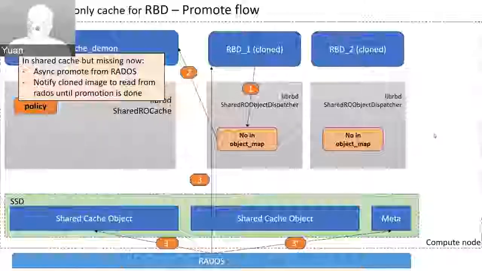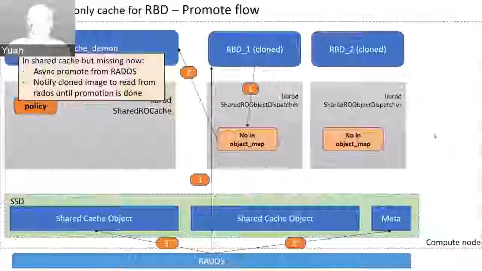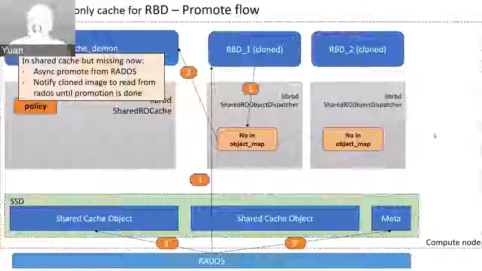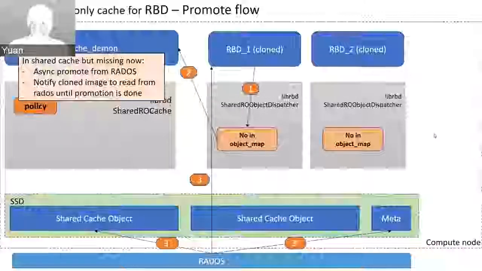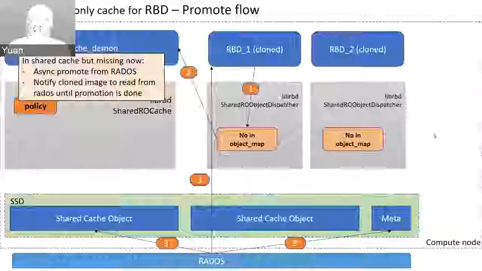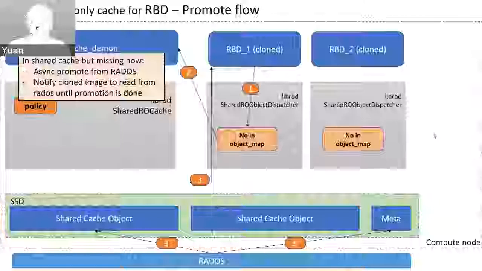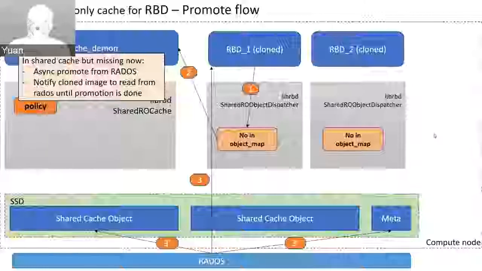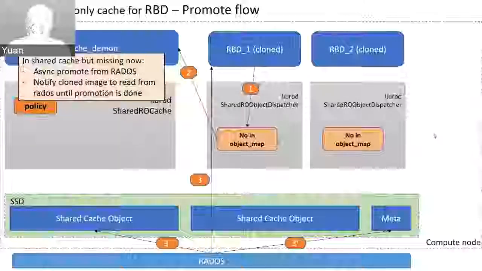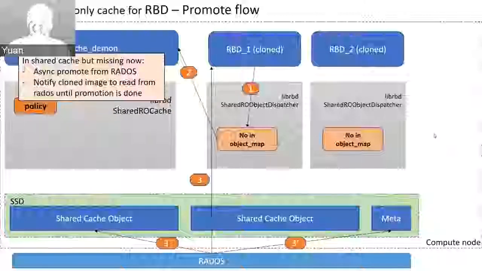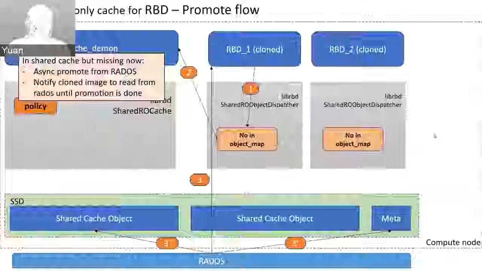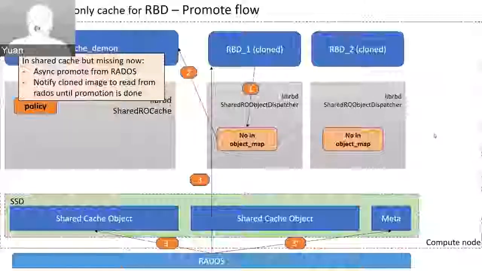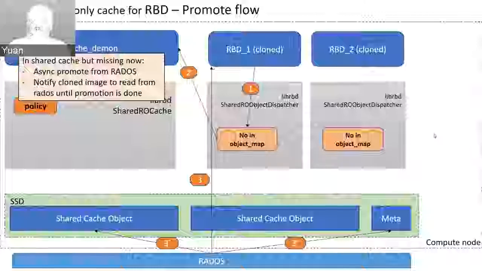If RBD finds this object is able to be read from a parent image, it will go to the cache daemon first to do a lookup there, and the cache daemon will look up in our policy, which is a very simple LRU based policy right now. On the first lookup, it will kick off an asynchronous promotion from the Redis tier, and it will not block the current read request since we are just returning a -1 here.